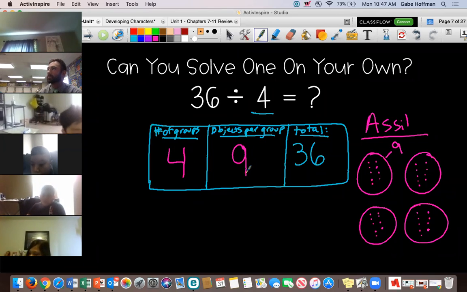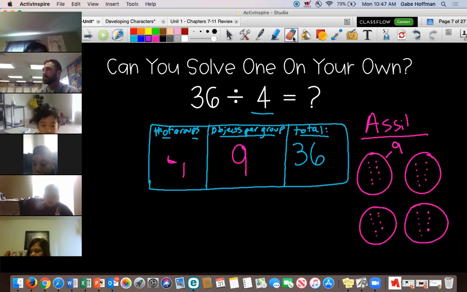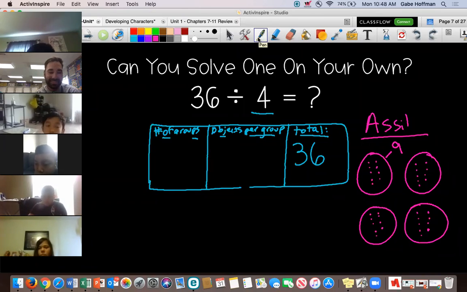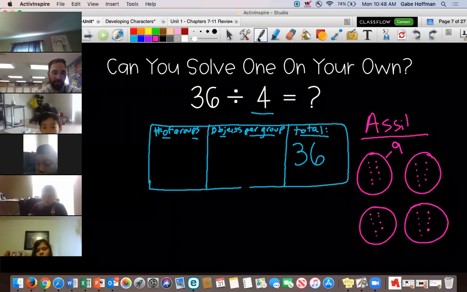And also what we can do, did anyone do 9 groups? 4 objects per group. Raise your hand if you're somebody who started out by putting 4 in each group instead of making 4 groups.